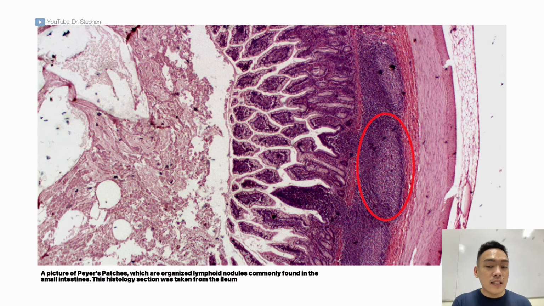In your large intestine, the inner mucus layer remains relatively free of bacteria, whereas the outer mucus layer supports the growth of your commensal bacteria. This is a picture of Peyer's patches, which are organized lymphoid nodules commonly found in the small intestine, and the histology section was taken from the ileum.